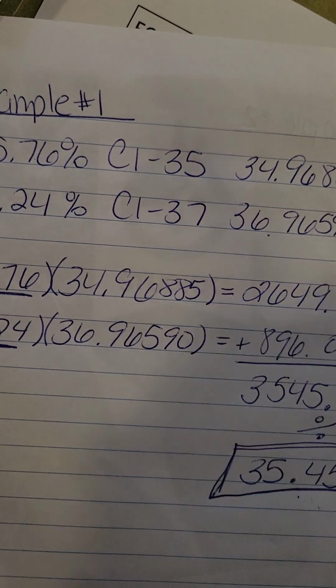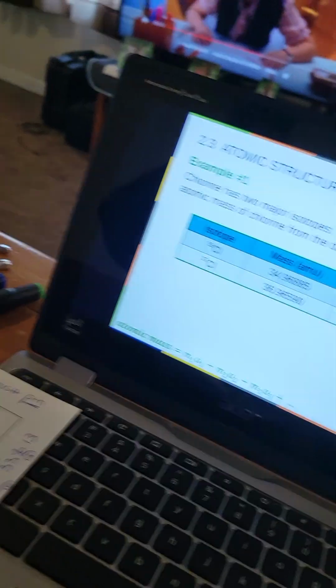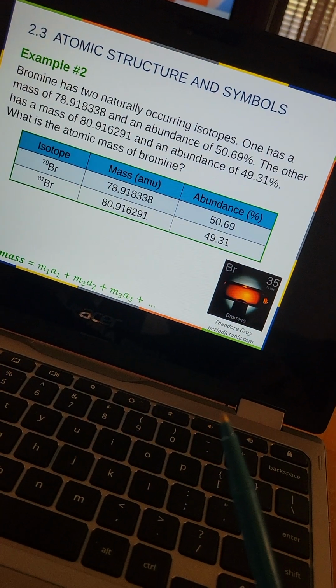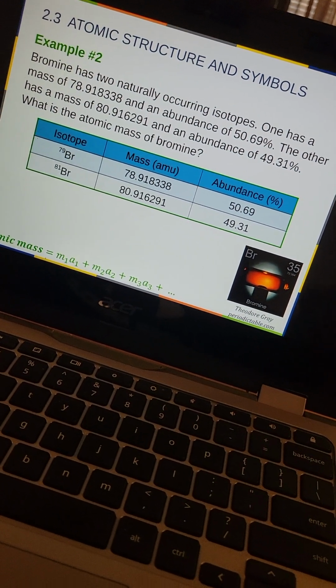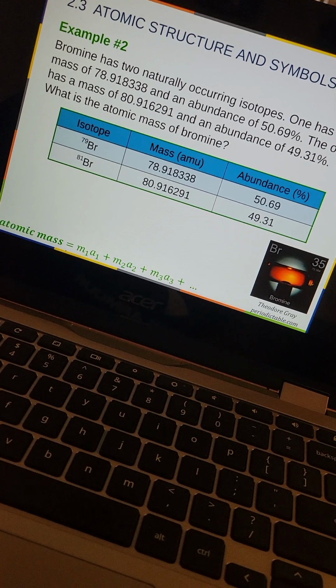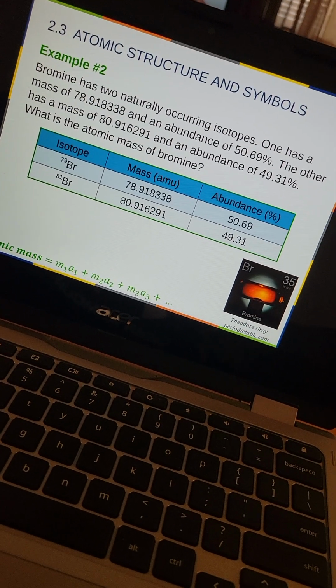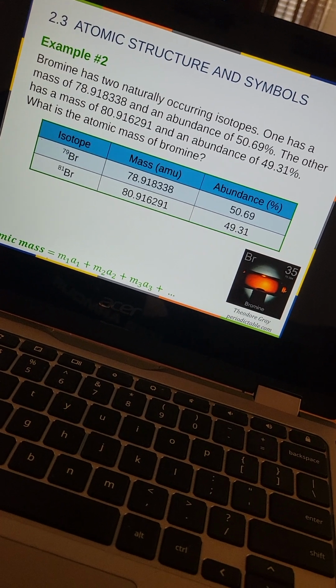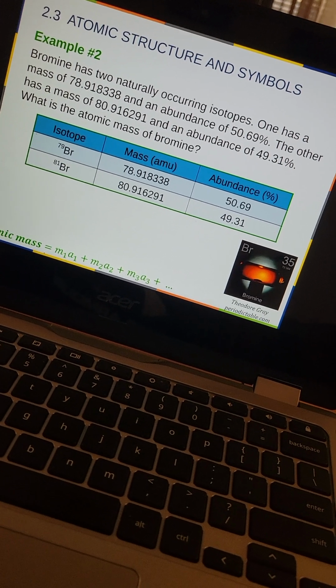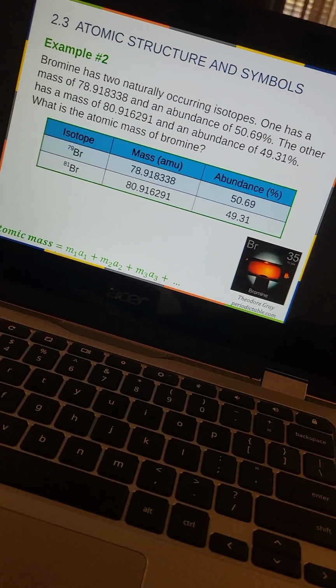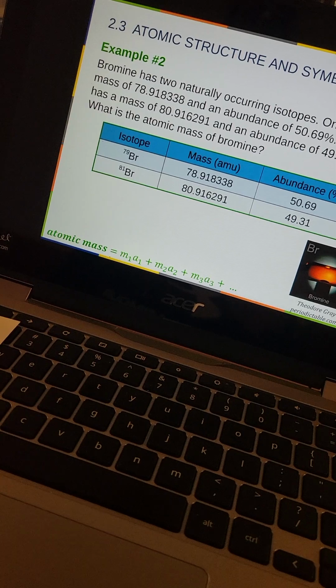Okay. All right, and then the next slide, example 2. So now we have bromine. So I'm going to go ahead and use all that information and do the calculations back again on my piece of paper. Okay.